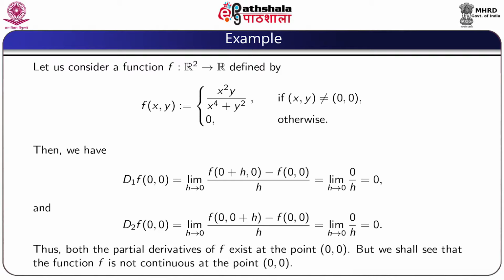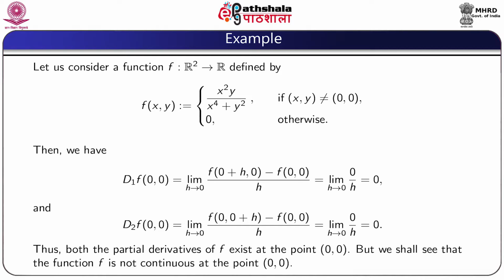Similarly, we now fix the first variable. We find del f del y at the point (0, 0) is the limit of f(0, 0 plus h) minus f(0, 0) by h as h approaches 0, and it is found to be 0 also. Thus, both the partial derivatives of f exist at the origin.